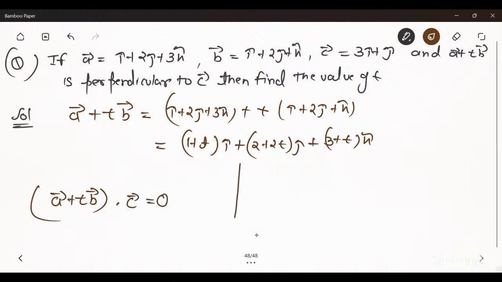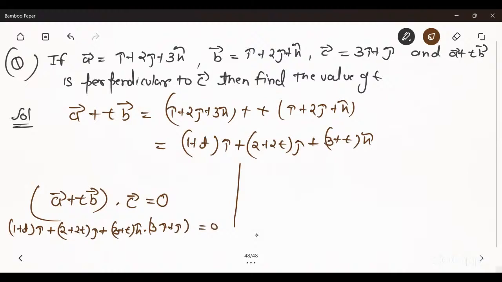So A vector plus tB vector is 1 plus t times i cap plus 2 plus 2t times j cap plus 3 plus t times k cap, and the C vector is 3i plus j. Only i term will be multiplied with i term, j term will be multiplied with j term.